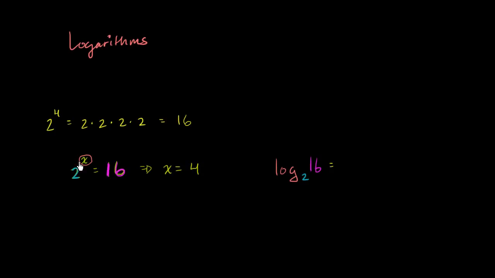Or, in this case, since we have the x there, is equal to x. This and this are completely equivalent statements. This is saying, if I take 2 to some x power, I get 16. This is saying, what power do I need to raise 2 to get 16? And I'm going to set that to be equal to x. And you would say, well, you've got to raise it to the 4th power. Once again, x is equal to 4.